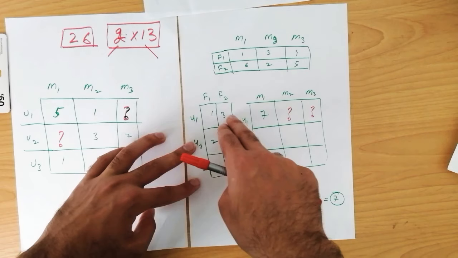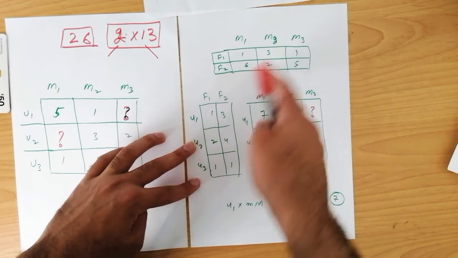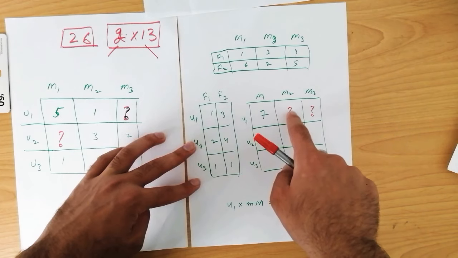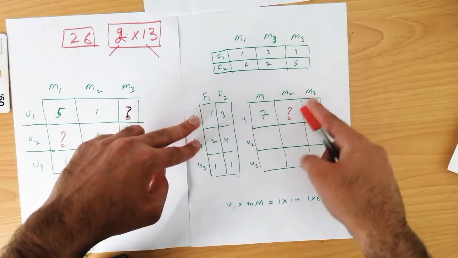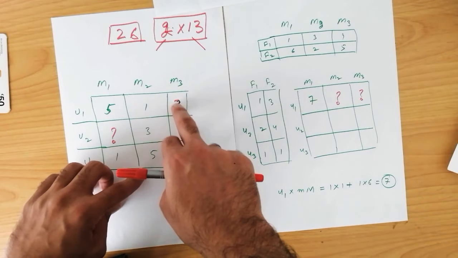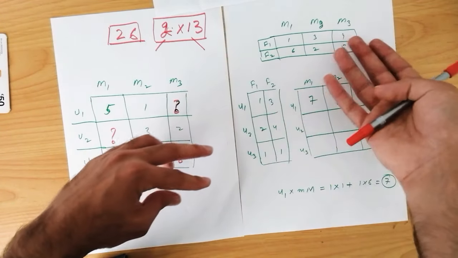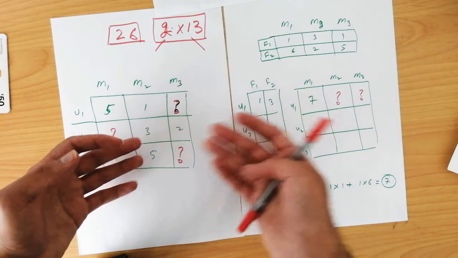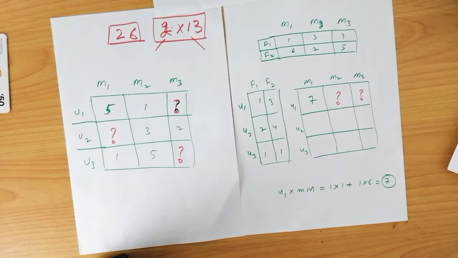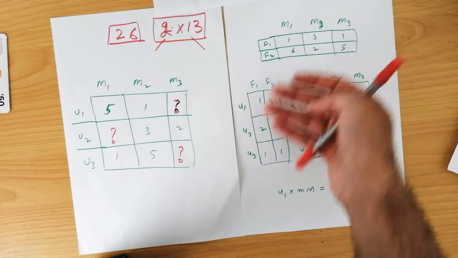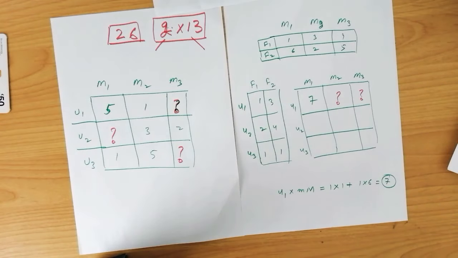If I take the dot product of this row and this column, I know the rating for this movie, and so on, right? So even if there are some missing places, if I have the factorization of this matrix, then I will be able to predict those values. But the question is, how can I get a good value for this factorization, right? I don't know what these factorizations are.